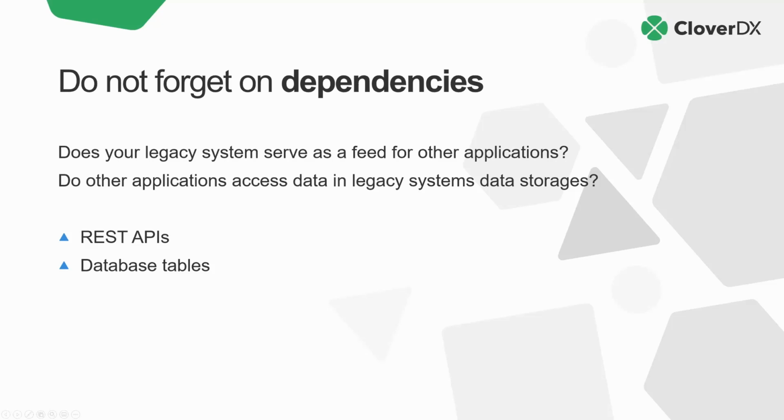The new system doesn't necessarily have to provide these features, and therefore the integration platform that you will use for the migration can also help you after the migration to expose all these APIs. If you forgot about that, you wouldn't probably be ready to get into production when the data is migrated. So dependencies are definitely something that shouldn't be skipped.